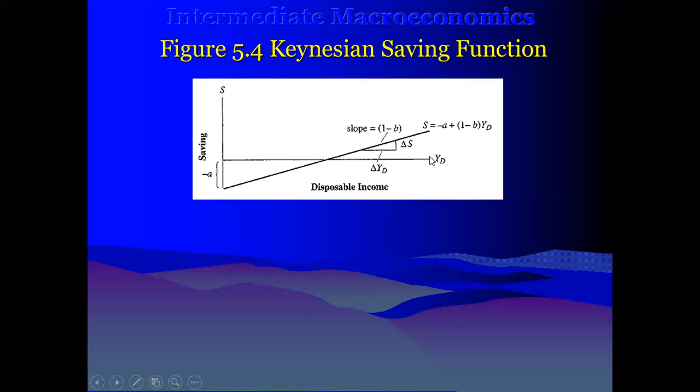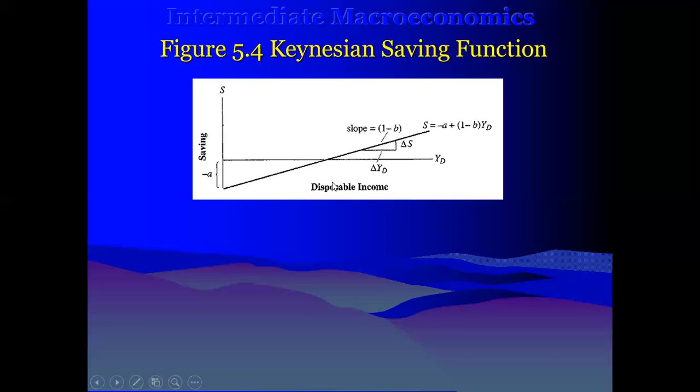But mathematically too, we saw that the autonomous level of savings is minus A. And our A was here from the consumption function, which means that the savings is supposed to start from here.